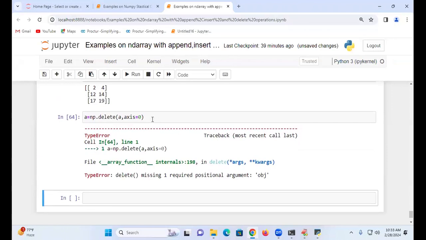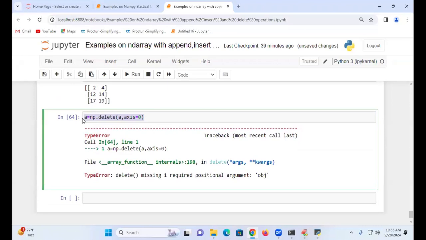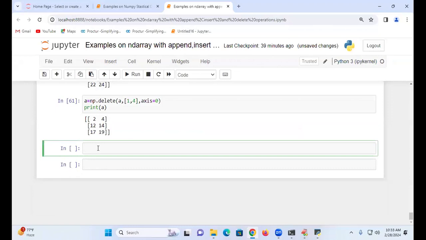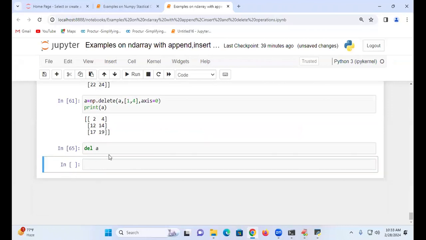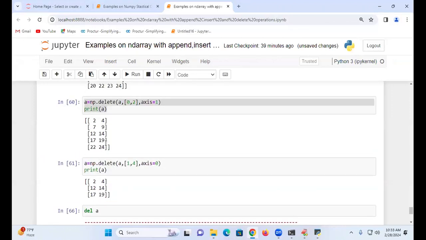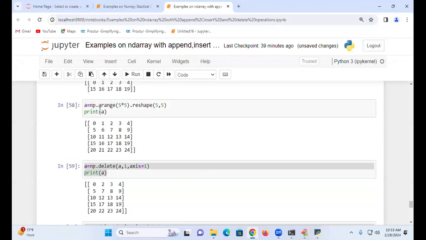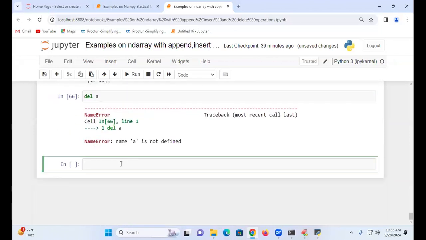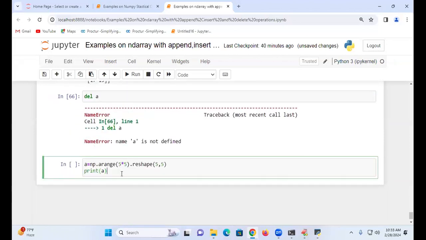Finally, the answer is not coming. del a, if I say so, it is completely removed, and that I am not interested in. A is not there anymore. So finally, my question in today's class is how to remove all the elements of an ndarray.